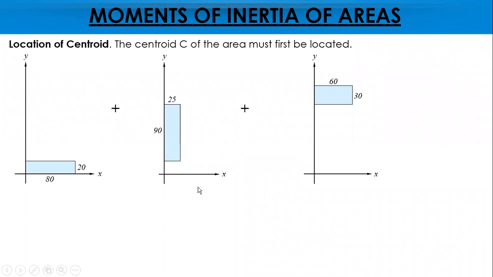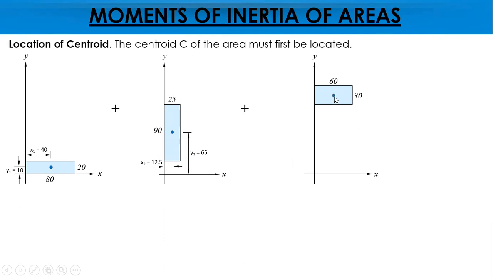So construct a table. Okay, locate the centroid of each element. For element 1, x1 is 40 and y1 is 10. For this one, the centroid is easy. Our x is 12.5 and our y is 1/2 of 90, that's 45, plus 20, that's 65.